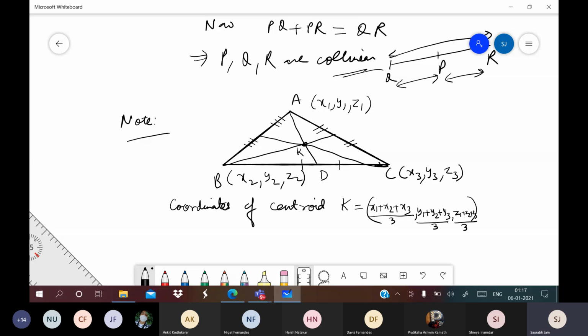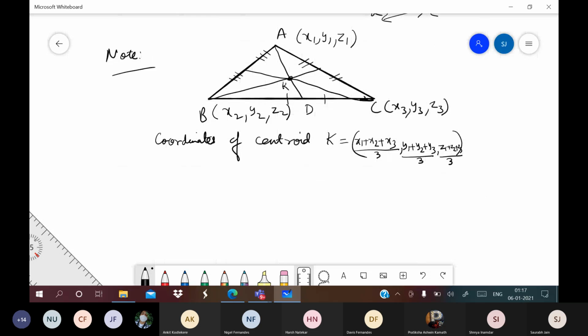Simple. So just remember class 10 concepts with respect to section formula, distance formula, and centroid, and add one more coordinate, z coordinate, and you will be able to write the coordinates of centroid, distance formula, and everything in 3D. Just the introductory part was different, like octant and distance from x, y axis and this and that. Rest is everything same now.